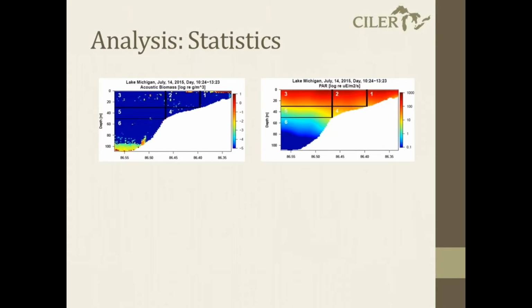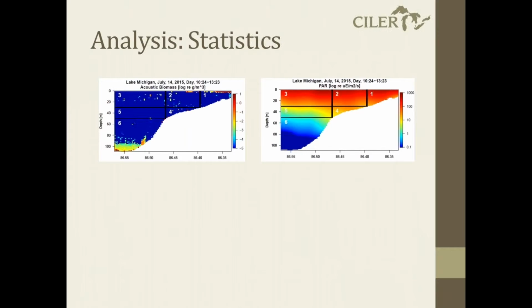So first, again, just looking at visualizations, looking at each parameter. If we can look at these plots and determine a difference visually, then maybe we can figure out another way of going about analyzing the data from here. On the left we have acoustic biomass, on the right we have PAR, again longitude on the x-axis, depth on the y-axis, just looking at an overall cross-section of our transect.